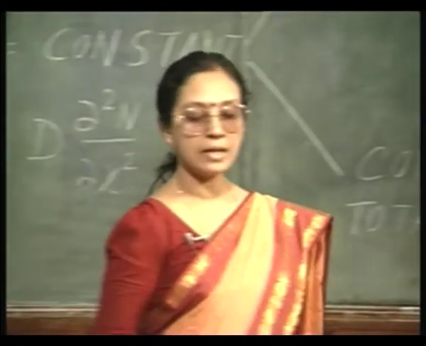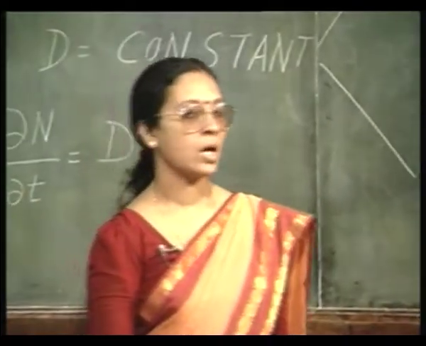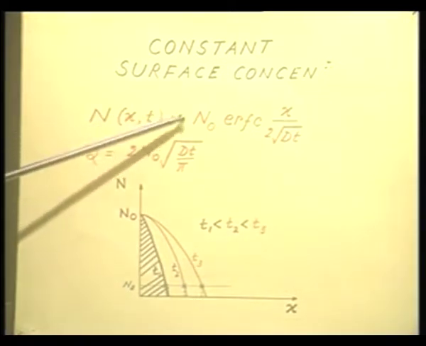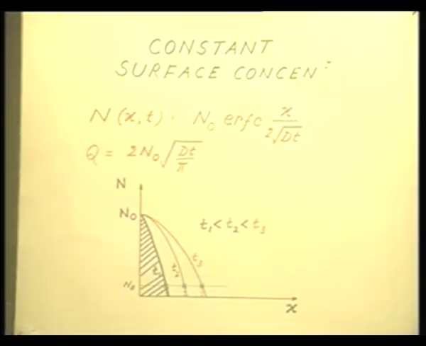And under that condition, we have already derived the expression for the doping profile, that is n as a function of x and t, space and time, is given as n0 erfc(x/2√(Dt)), and this n0 is actually the solid solubility limit.